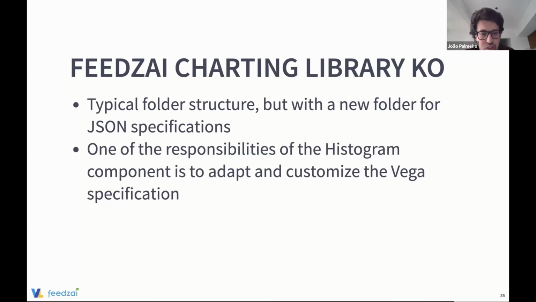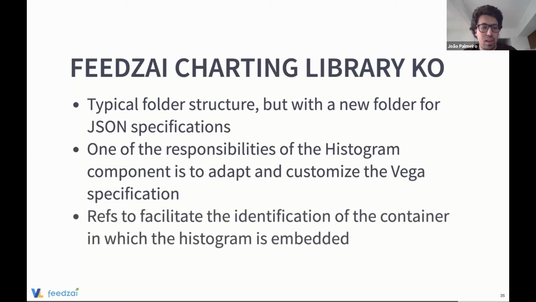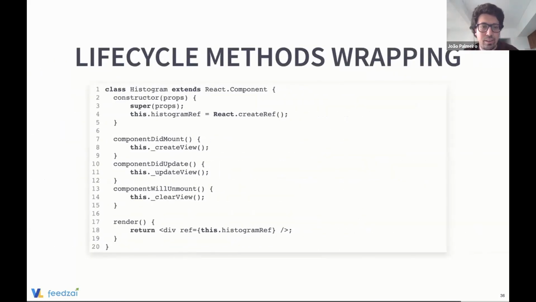One of the responsibilities of the histogram was basically to adapt and customize the basic specification according to the props it received. We also use refs to facilitate identification of the container, because it is first rendered as an empty div, and the chart will appear later.